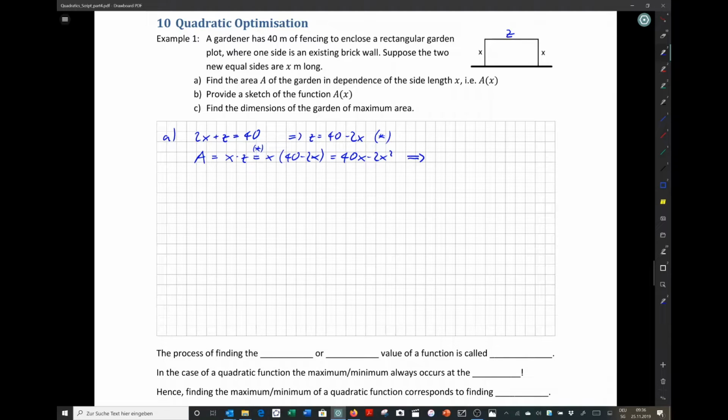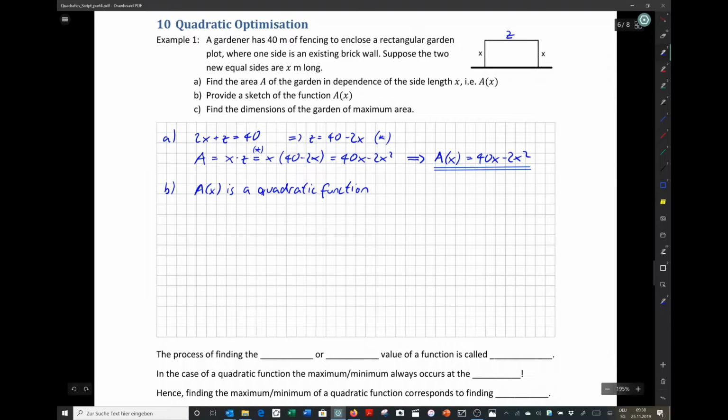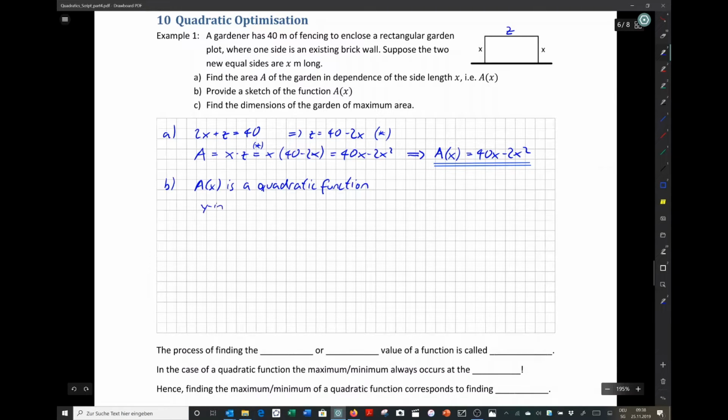So actually now the area A is a function of the width x. So A of x is 40x minus 2x squared. Well, A of x is obviously a quadratic function. So in order to sketch it, let's find the y-intercept, the zeros, and the vertex.